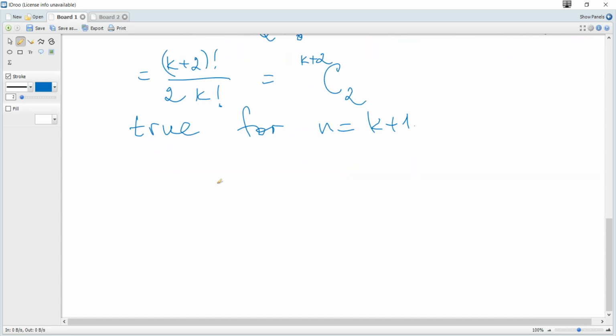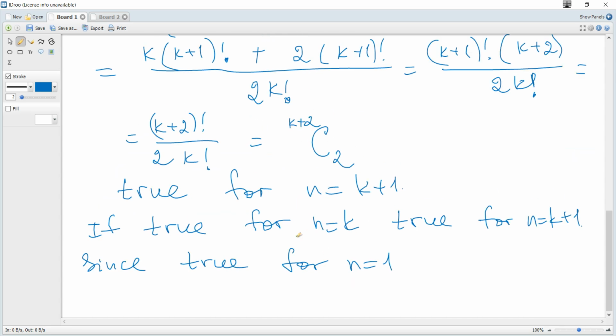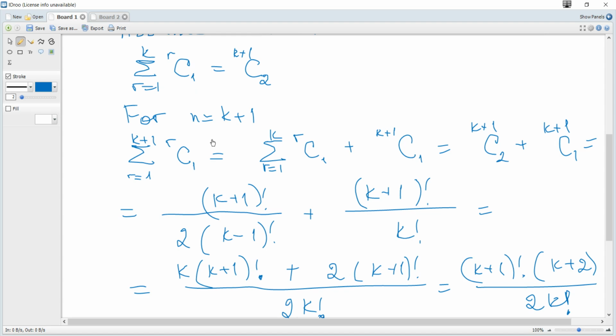And a conclusion: if true for n is k, true for n is k plus 1. Since true for n is 1, because the first step, it was what?